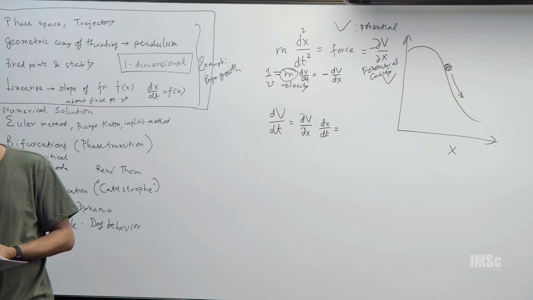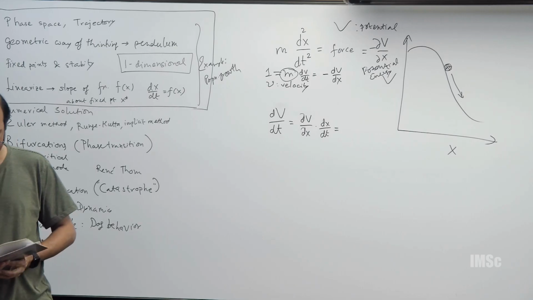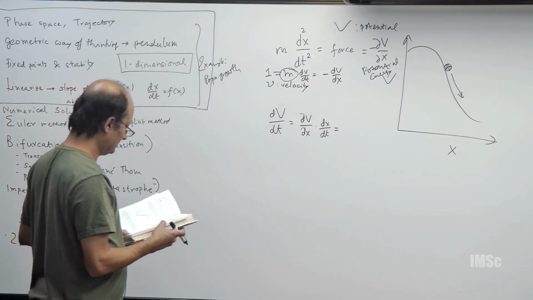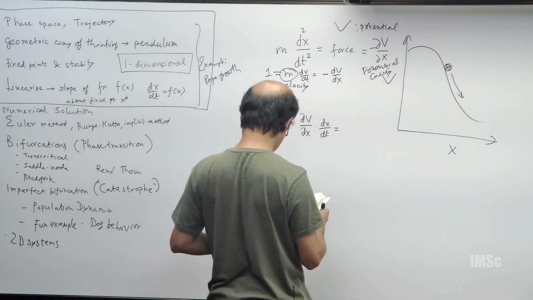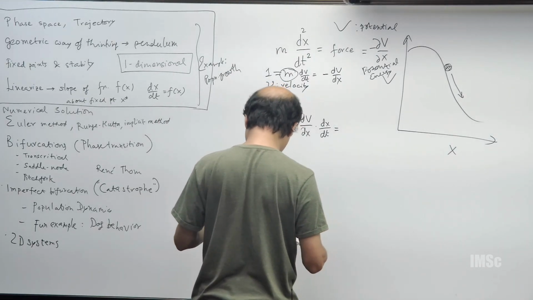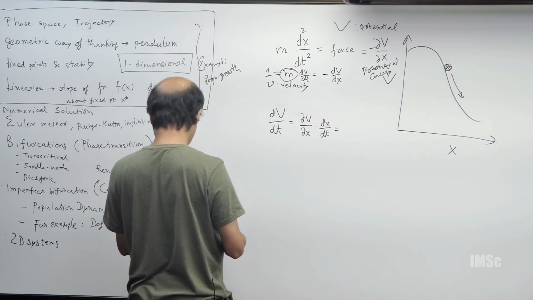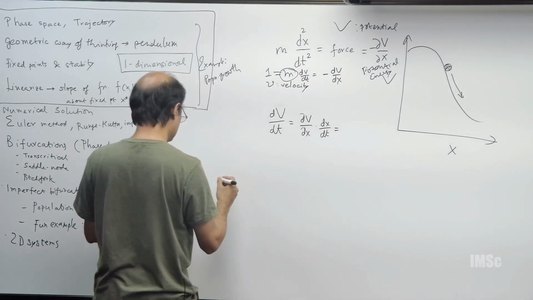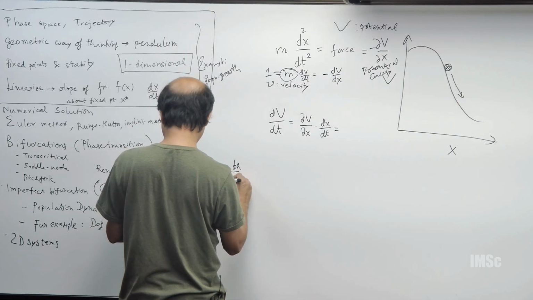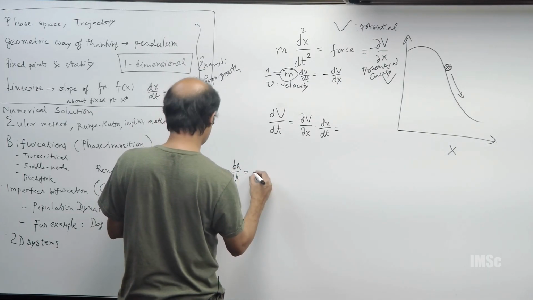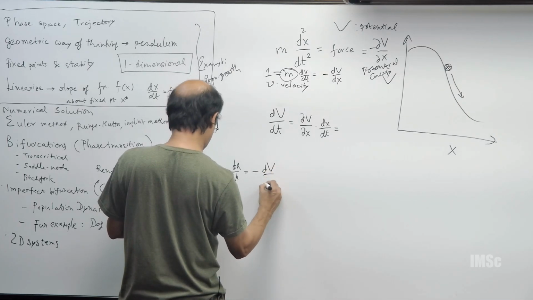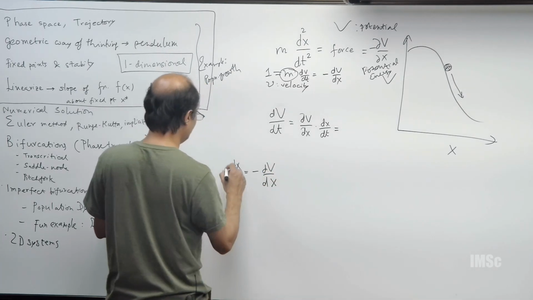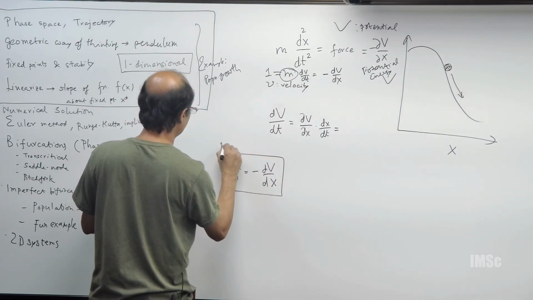So the first thing, you can write dV dt as dV dx times dx dt. Yeah, so for a first order system, I can write dx dt as minus dV dx, okay, because this is a simple first order system.